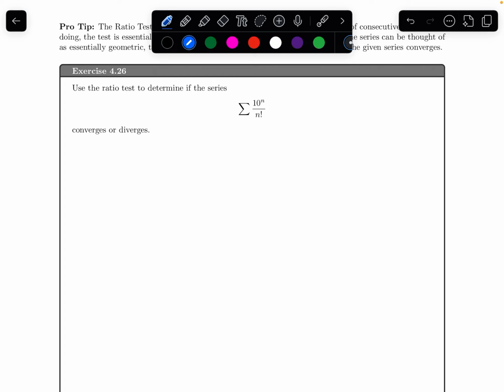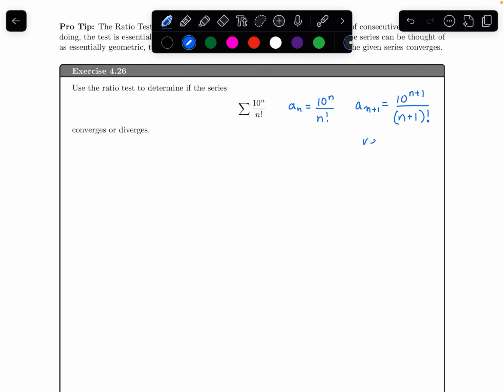So I always like to start by finding my a sub n, which is just 10 to the n over n factorial, and a sub n plus 1, where I take all my n's and add 1, so 10 to the n plus 1 over (n plus 1) factorial. I do like to add some parentheses to this one just to be clear.